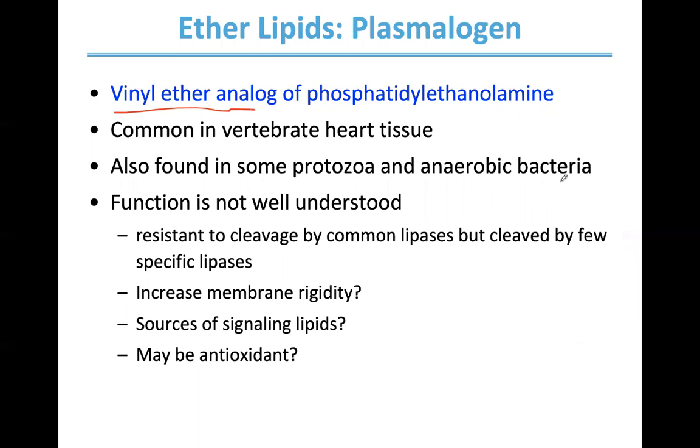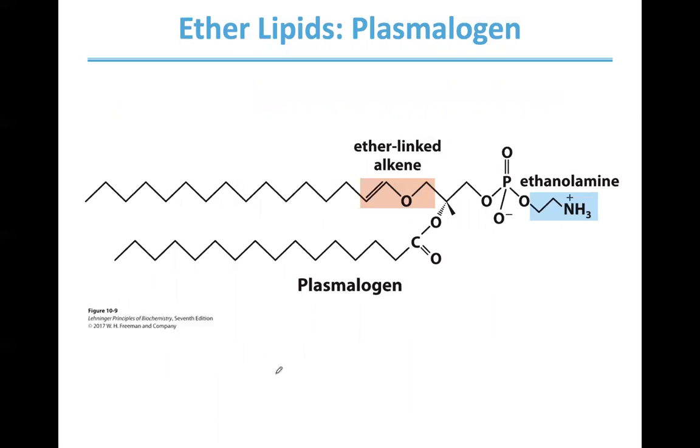Some of it is in bacteria, function not well understood. Not really clear what it does, maybe increase membrane fluidity, signaling, maybe antioxidant, but this is what it looks like, plasmalogen.